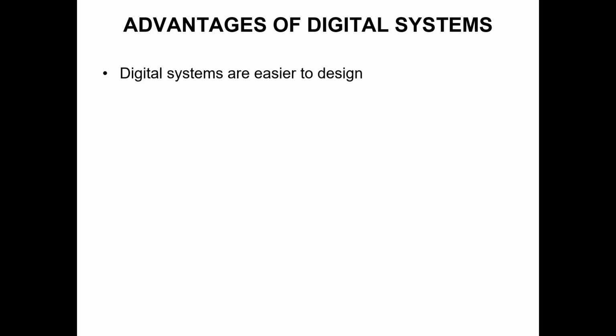Digital systems are easier to design. Digital systems have only two voltage levels, high and low, so they are easier to design. The exact numerical values of voltages are not important. Only the range in which they fall is important.